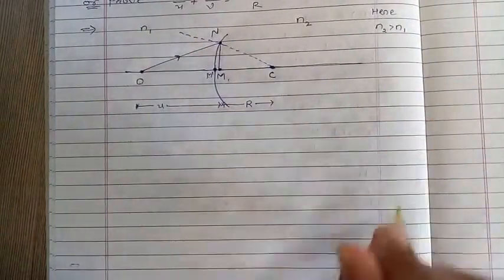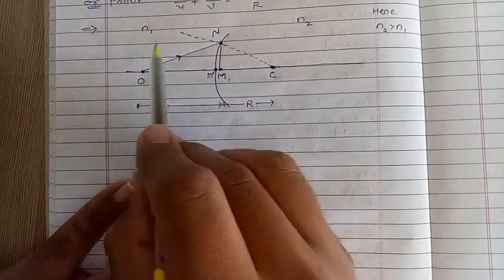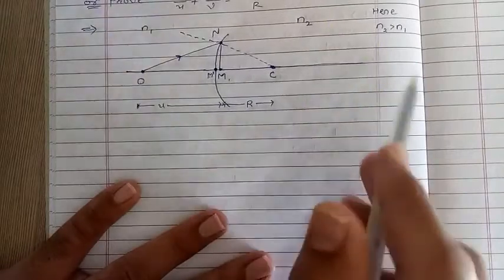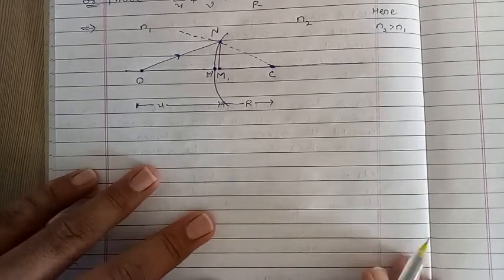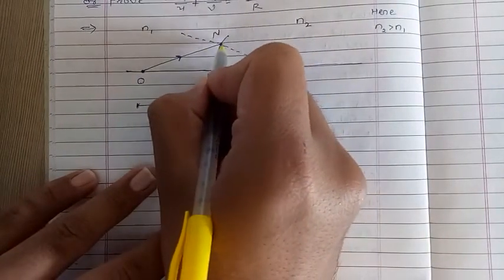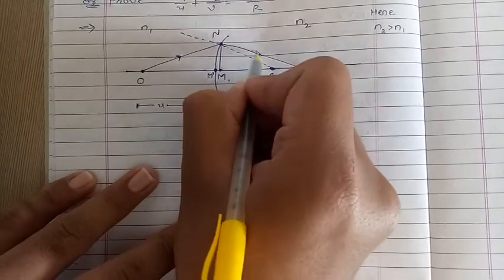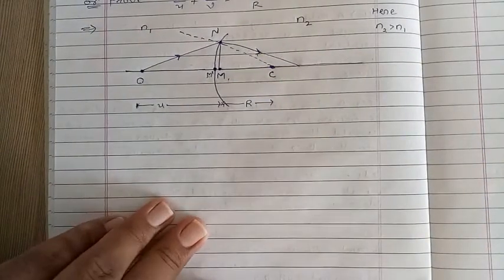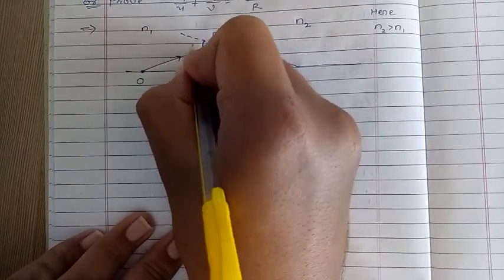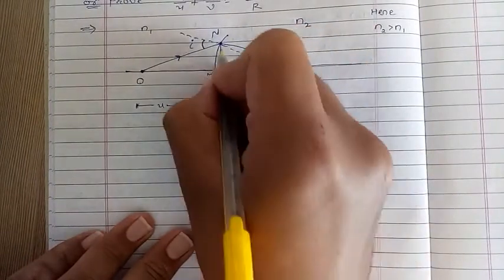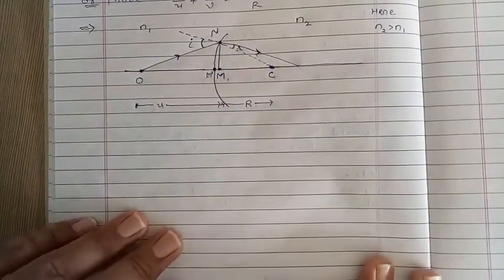So here the ray of light goes from rarer medium to denser medium, and we know that if the ray goes from rarer to denser, then it bends towards the normal. So the ray refracts like this. So this is our refracted ray, right? Okay. So here this is the incident ray and normal, so this is angle of incidence i, and this is the refracted ray and normal, so this angle is angle of refraction r, right?